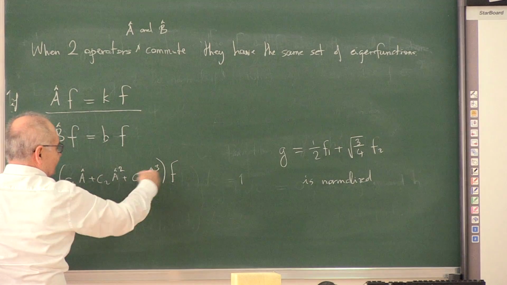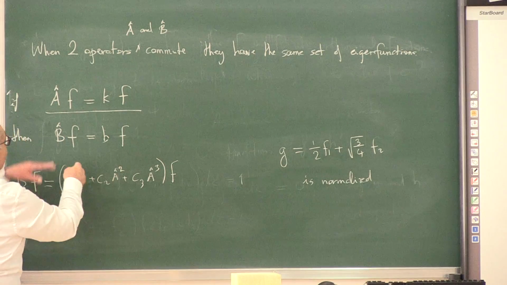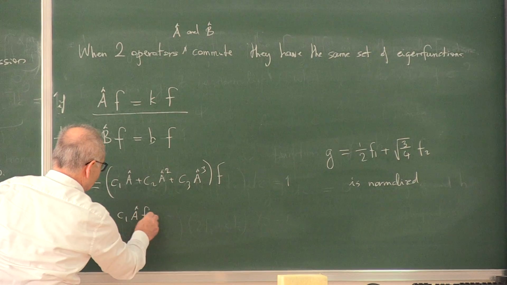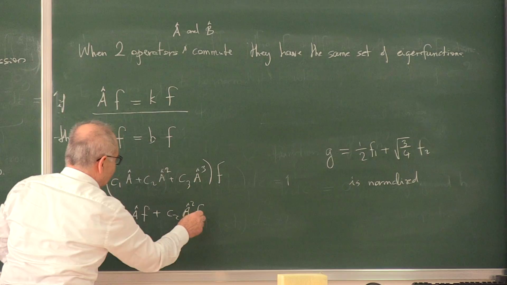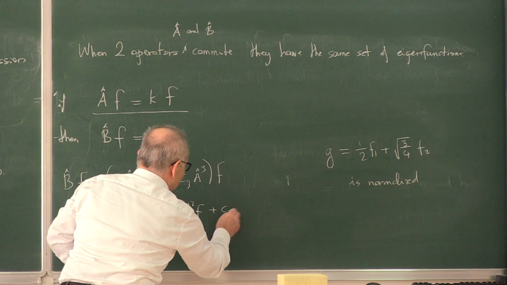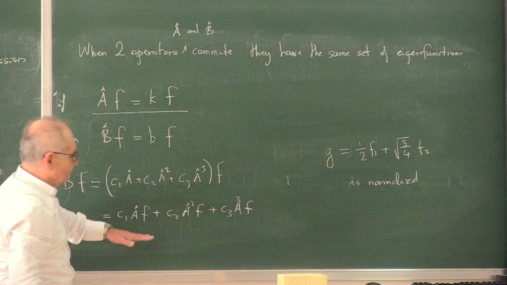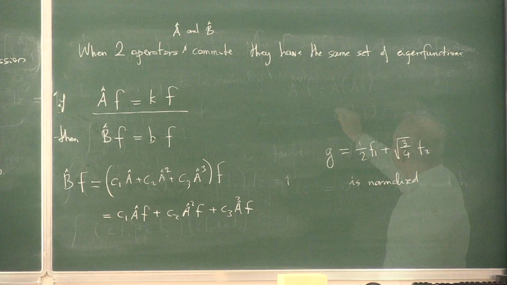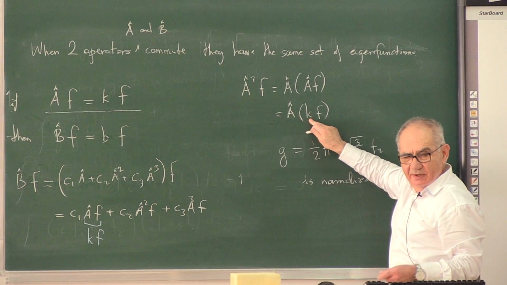Now we expand this expression and apply the known result. C1 times A f plus C2 times A square f plus C3 times A cube f. Now, but K is a constant.